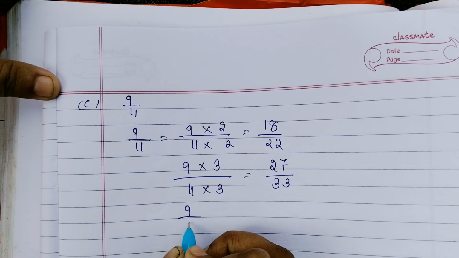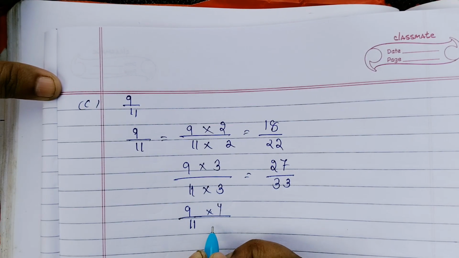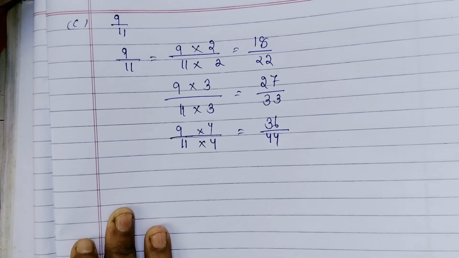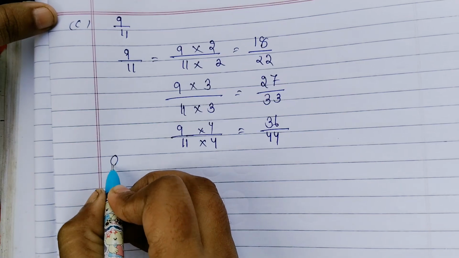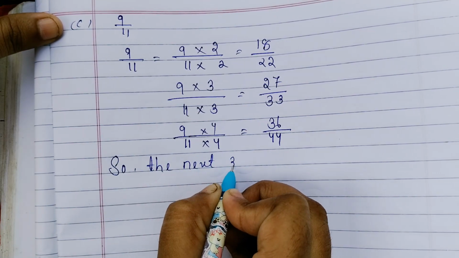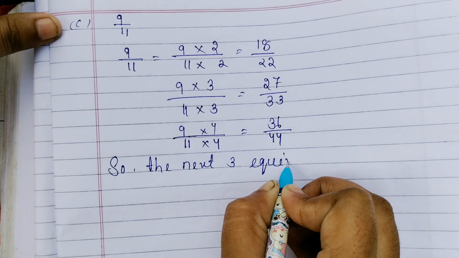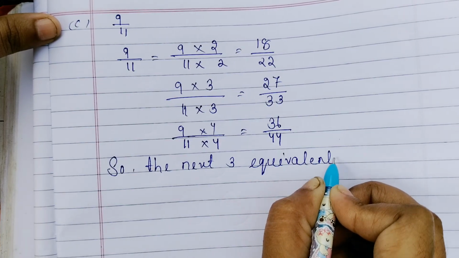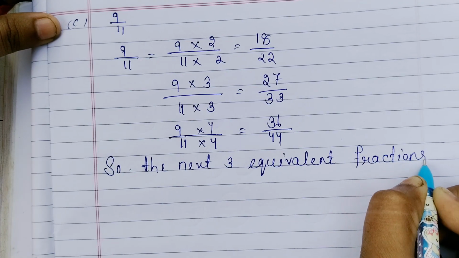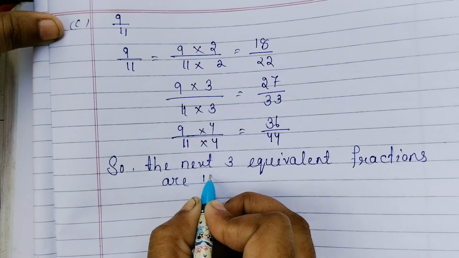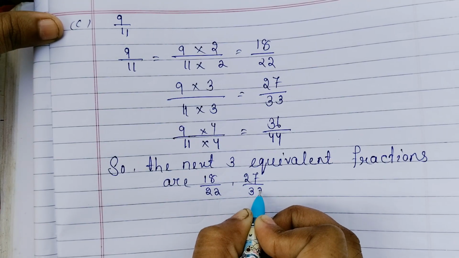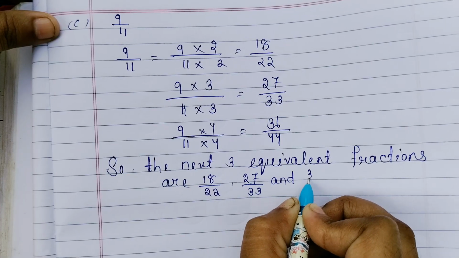Then we multiplied 4. 9 times 4 is 36 by 11 times 4 is 44. So the next three equivalent functions are 18 by 22, 27 by 33 and 36 by 44.